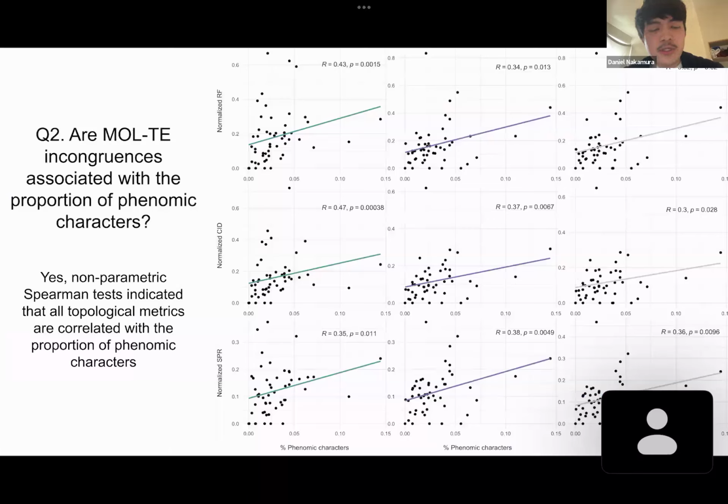Question 2 is, are molecular and total evidence incongruences associated with the proportion of phenomic characters? Our results using non-parametric tests indicated that all topological metrics, Robinson-Foulds, cluster information distance, and SPR moves, were correlated with the proportion of phenomic characters. So the higher the number of phenomic characters relative to the number of molecular characters, the higher the degree of incongruence between molecular and total evidence trees.